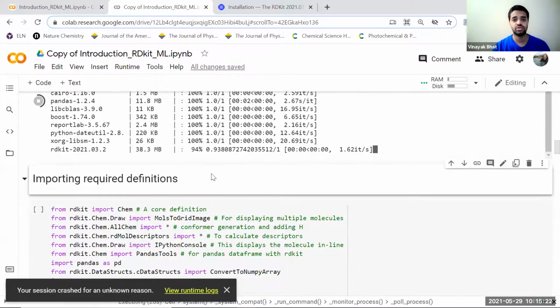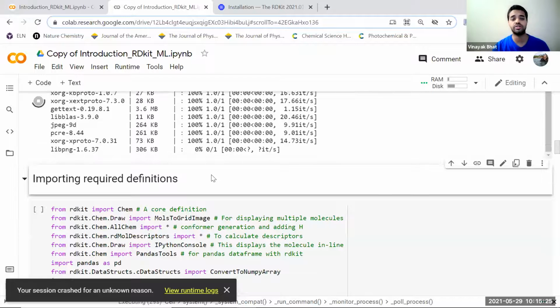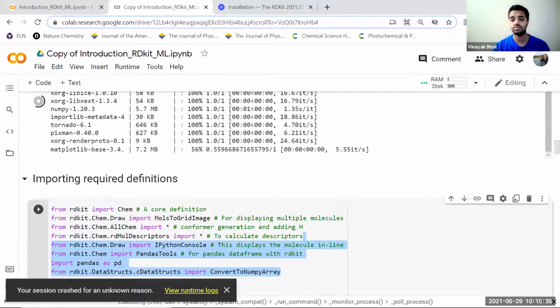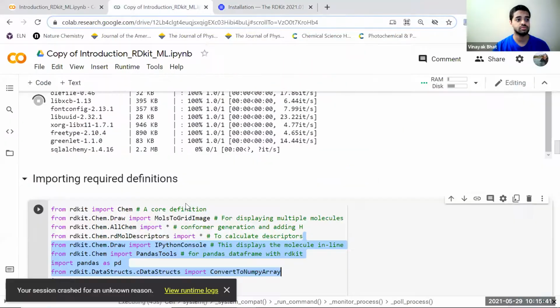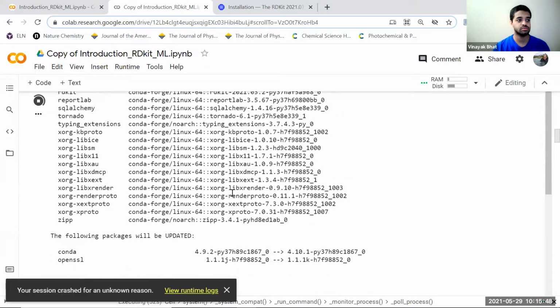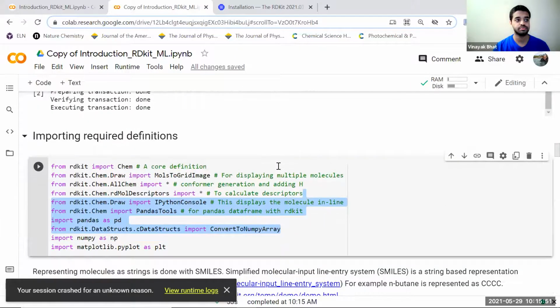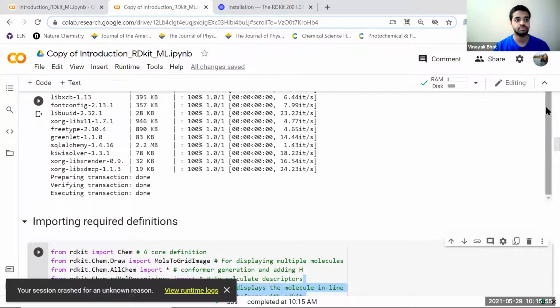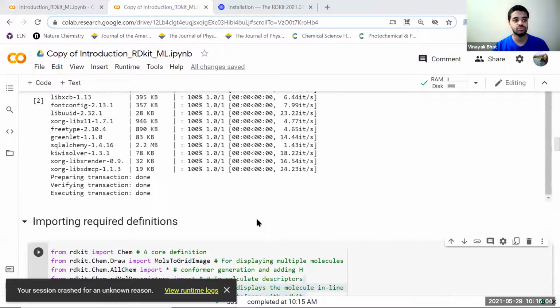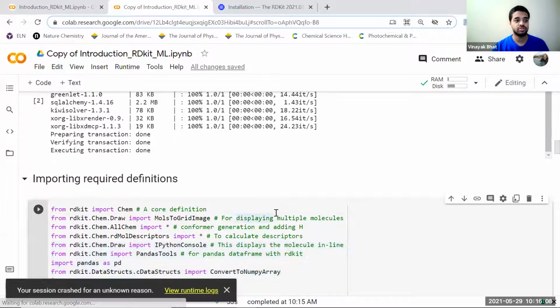This will take some time to install, and then we'll get started with the molecules and doing things in RDKit. So everyone done with installation?